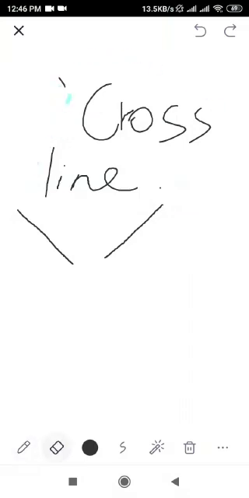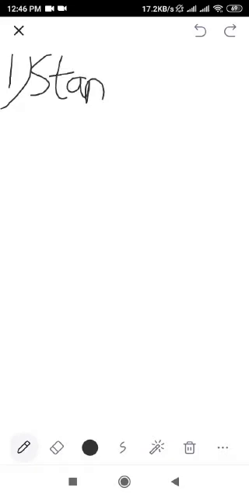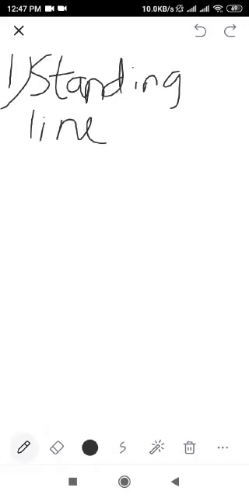So now let me see the alphabets in which we generally use the standing line. First one, you write the letter B. So first you have to draw a straight line to write the letter B, right?